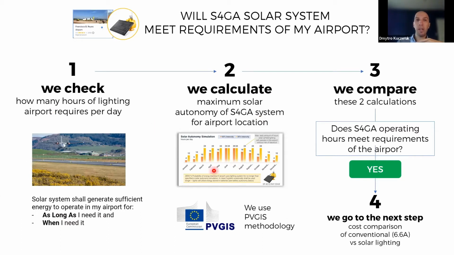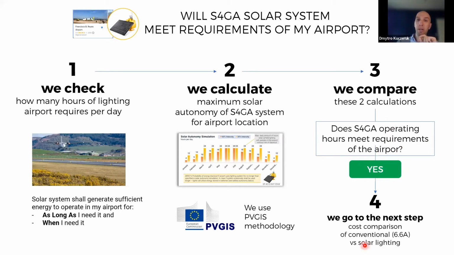We can compare those. If this number is higher than what the airport requires, it means that the solar system operating hours meet the requirements of the airport. If the answer is yes, we go to the step where we compare cost.